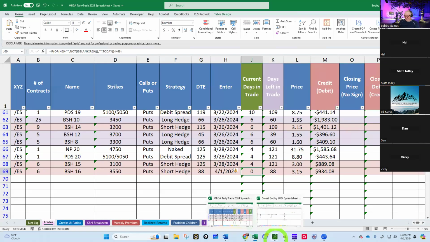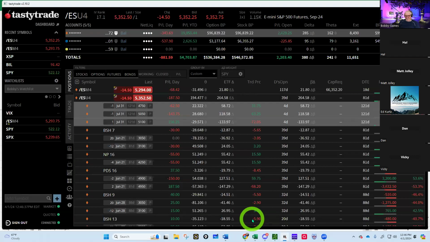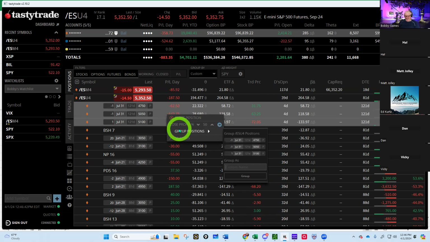NP 20. Group positions. NP 20 and PDS 20. Or you could do NP and PDS 20, however you want to, make that easier.